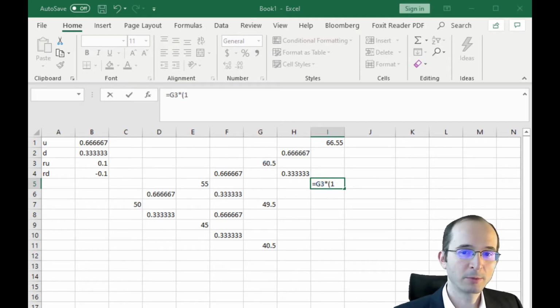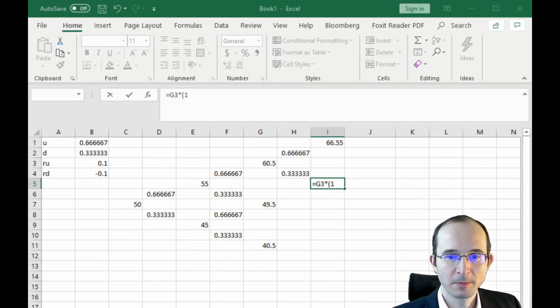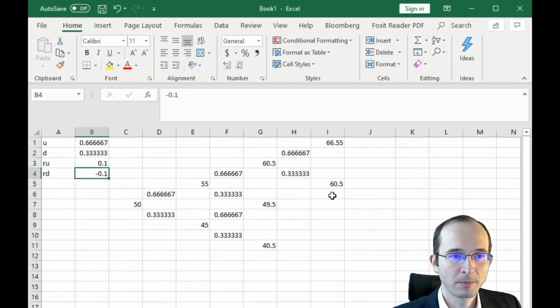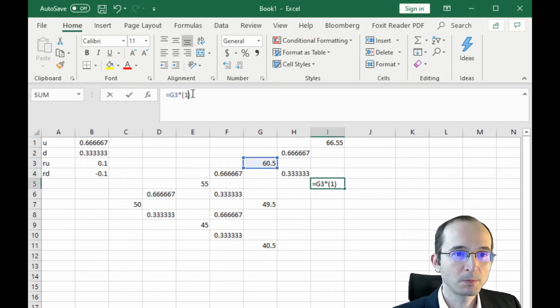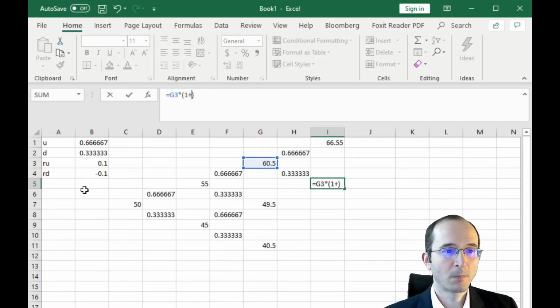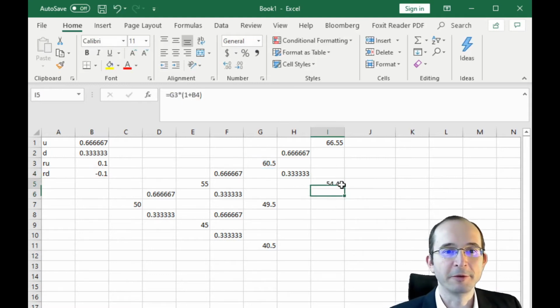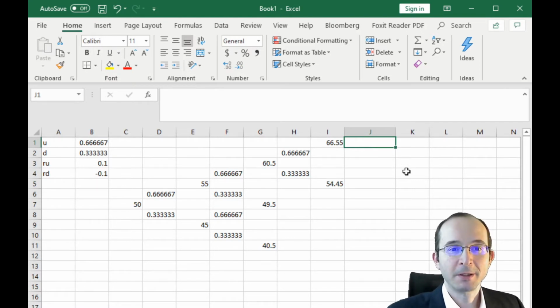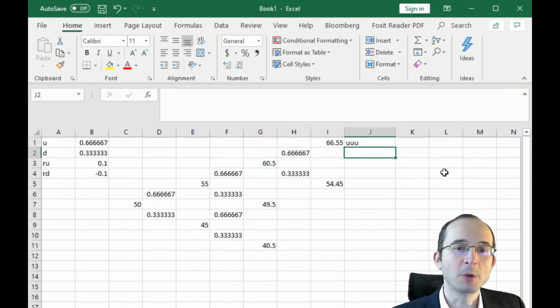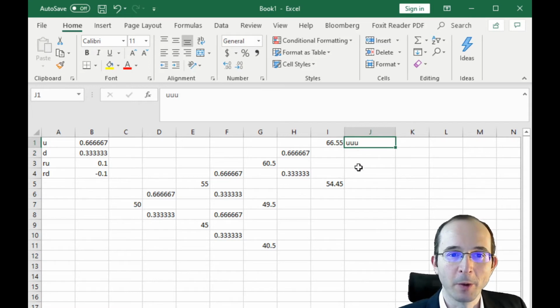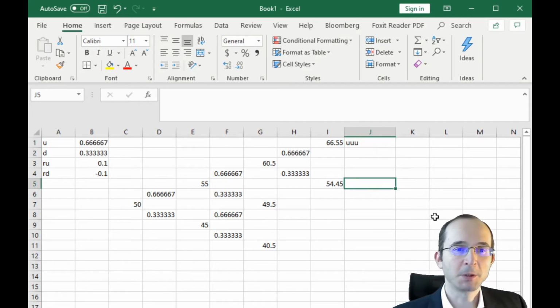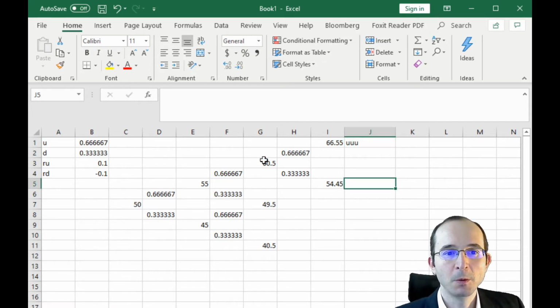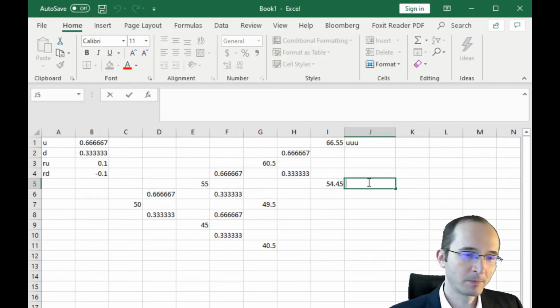You lose 10%. And that gets you 54.5. By the way, we can label these. This would be a state UUU, right? We go up thrice. This we could call UUD.